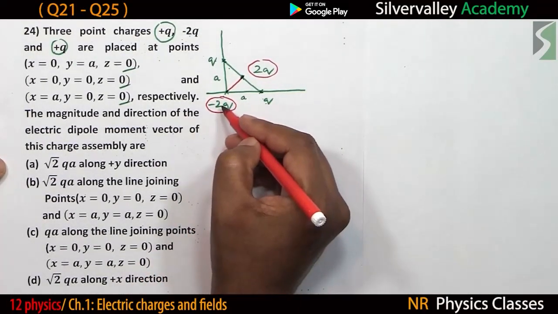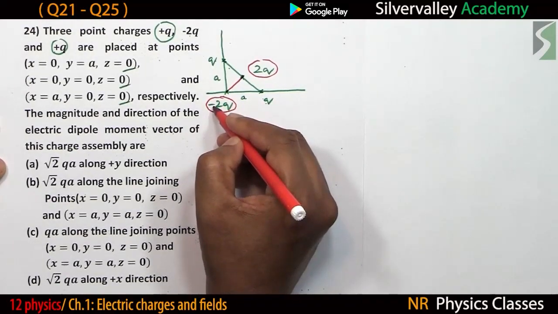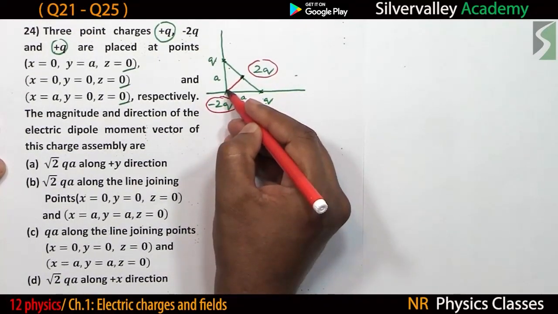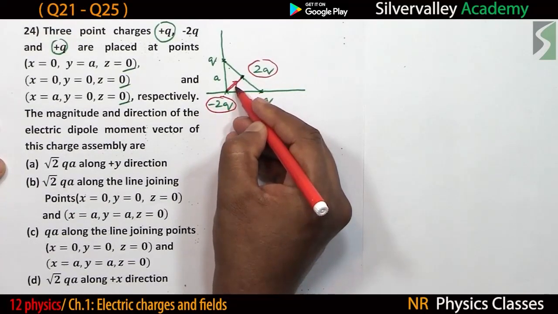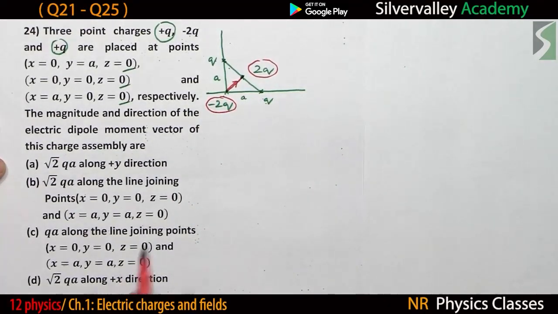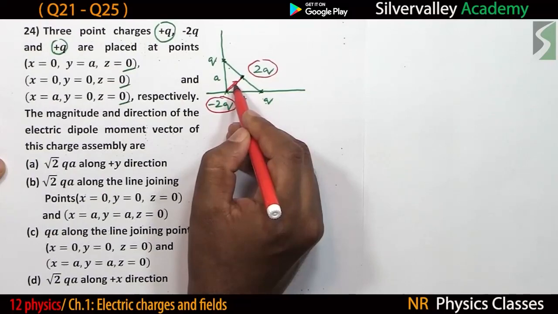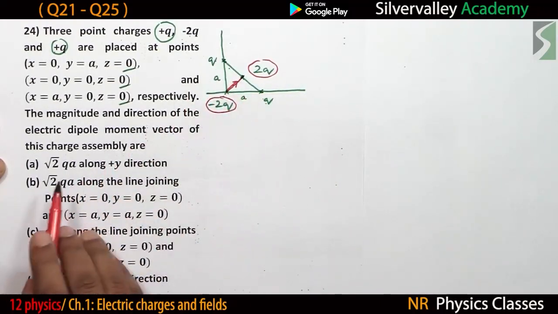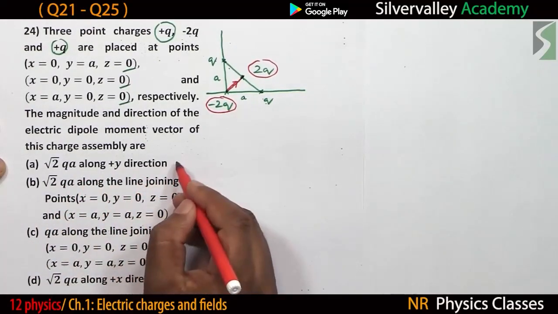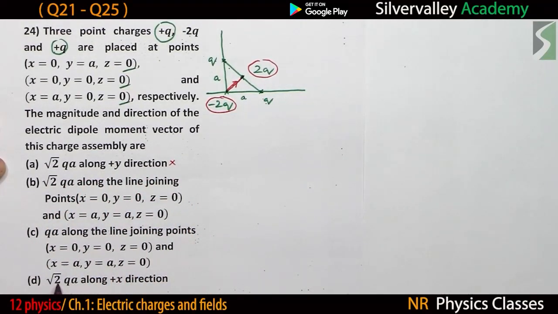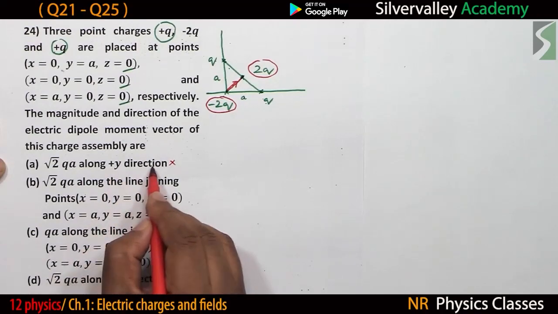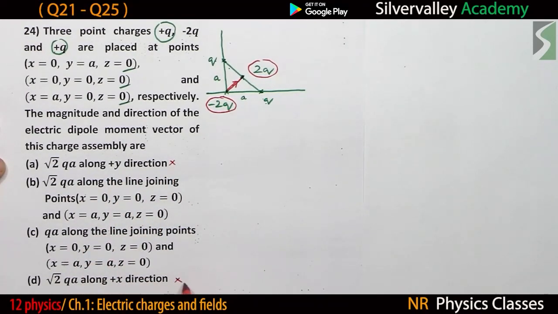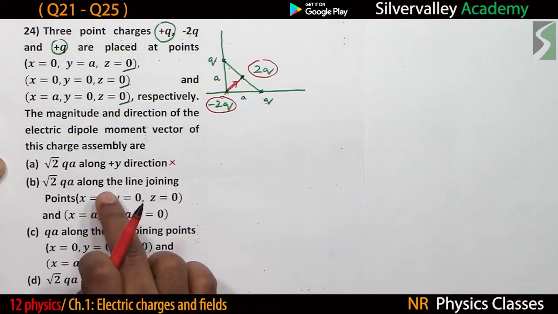What is the direction of dipole moment? It is from negative to positive, isn't it? So this is the direction of dipole moment. So this dipole moment is not on the x-axis or the y-axis. See, along x direction, no. Along y direction, no. So we have to decide between these two.